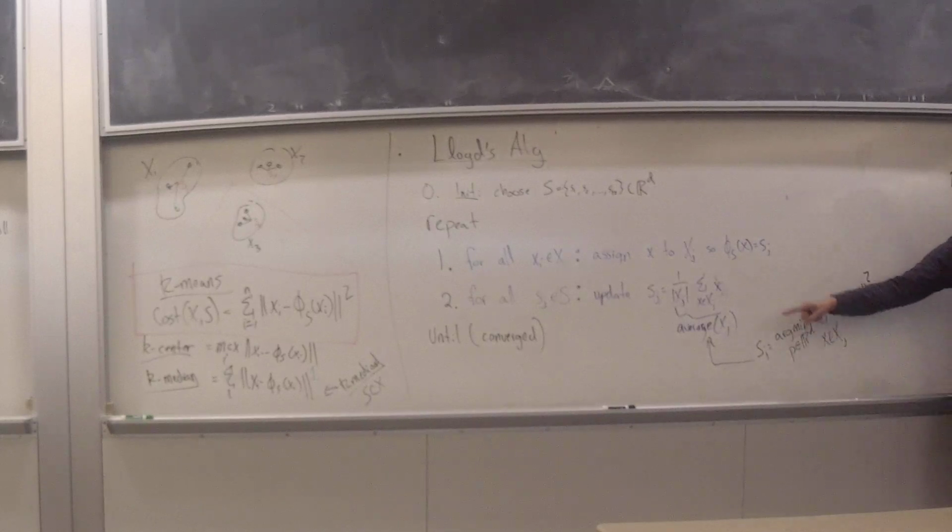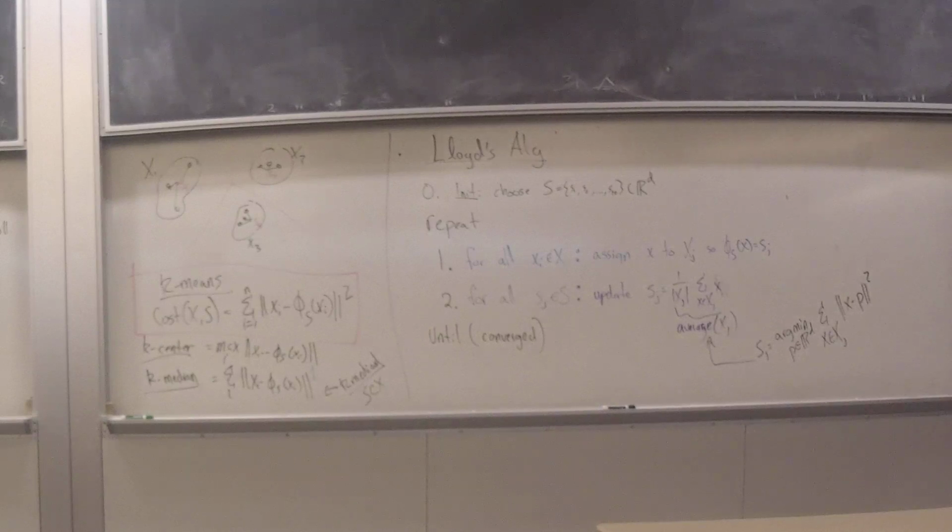The average turns out to be the point which minimizes the sum of the squared distances. Right, I mentioned this before for one dimension, and it turns out it's true in higher dimensions. You can show it for one dimension, then by the Pythagorean theorem, you can show it for all of the dimensions, because the total squared distance decomposes along the coordinate axes.